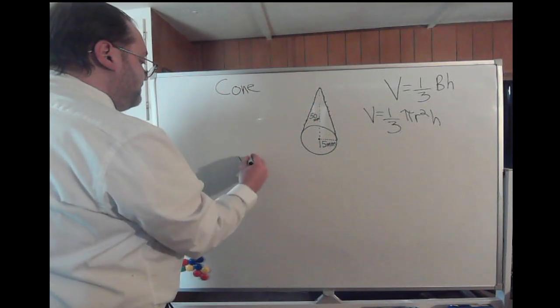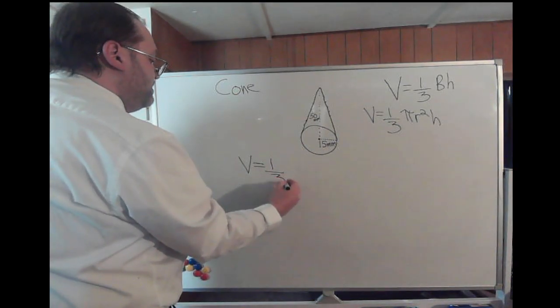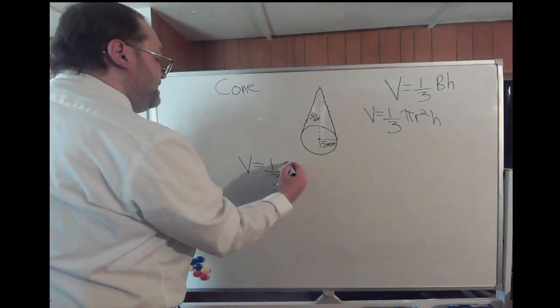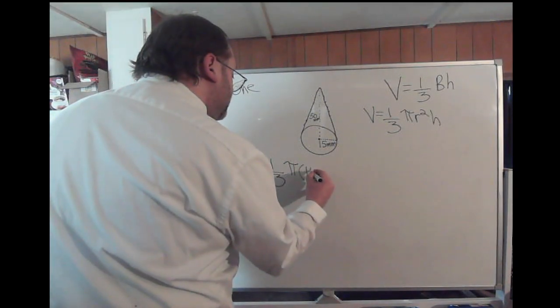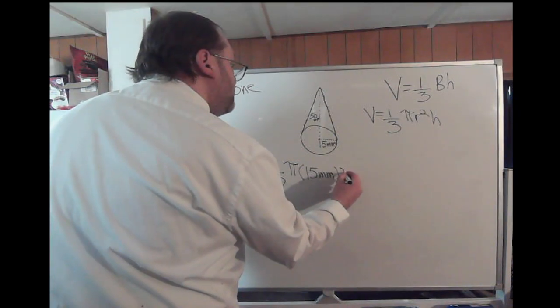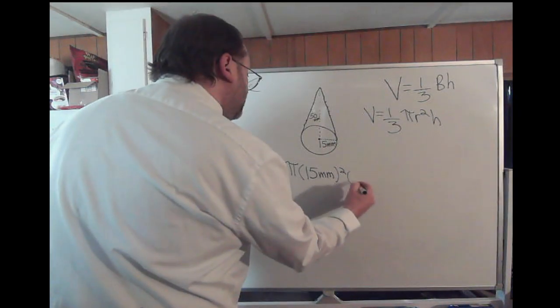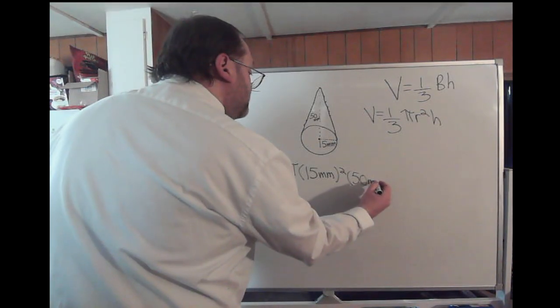The volume for that cone is going to be equal, of course, to 1/3 times pi times your radius squared, which would be 15 millimeters, that quantity squared, times your height, which would be 50 millimeters.